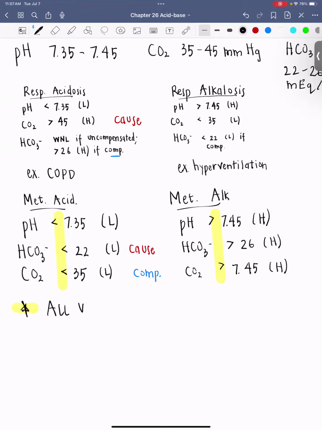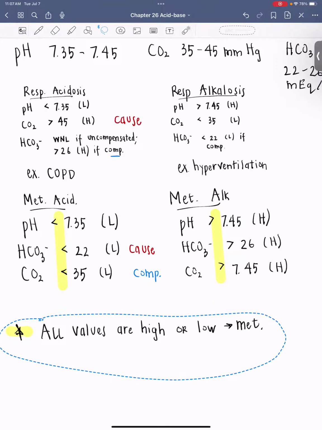If all of the values are going in one direction, they're either all high or all low, that points to a metabolic disturbance. They're all going in the same direction. That tells you that it's either metabolic acidosis if they're all low or metabolic alkalosis if they're all high.